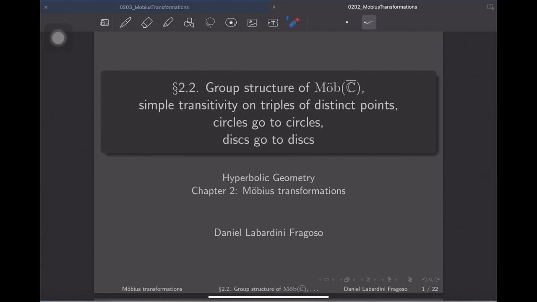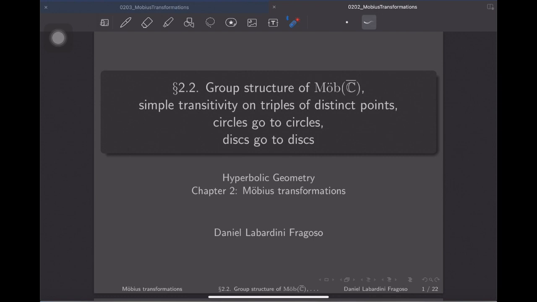Knowing that, and because every Möbius transformation of C bar is a self-homeomorphism of C bar, we can deduce that whenever I'm given a disk in C bar, and recall that a disk is one of the two connected components of the complement of a circle in C bar, and that a circle in C bar is either a circle in C or a straight line union the point at infinity.